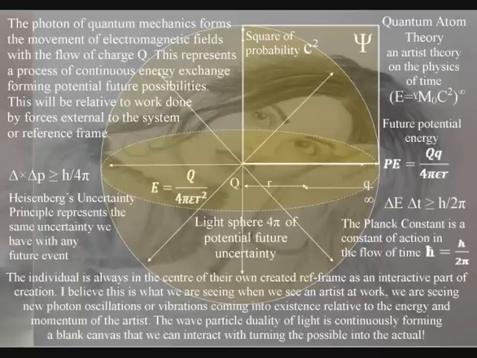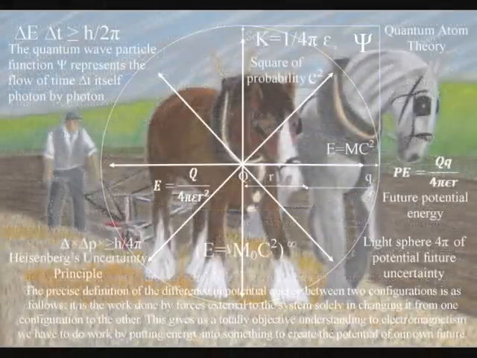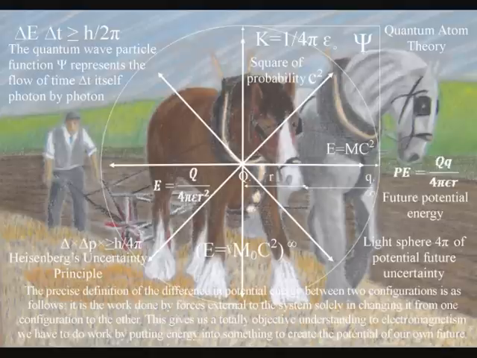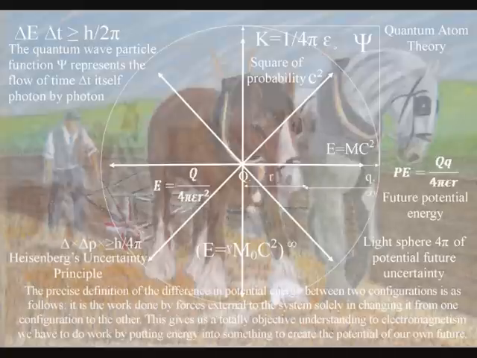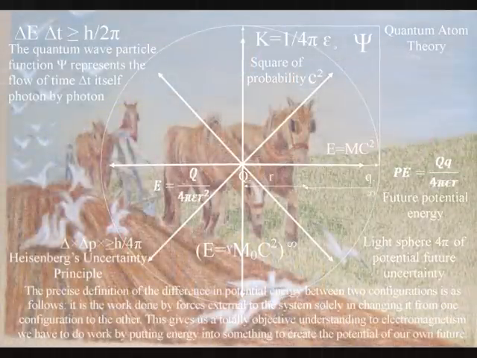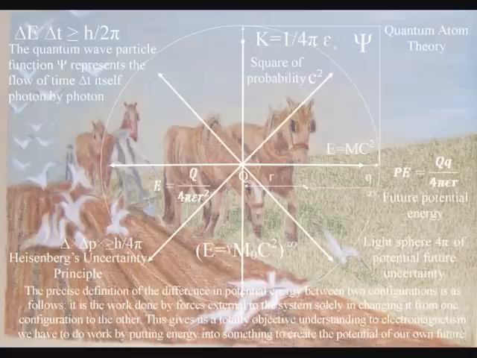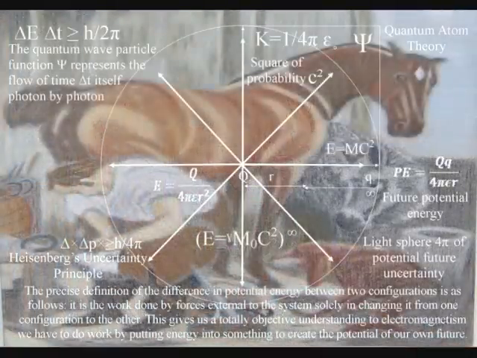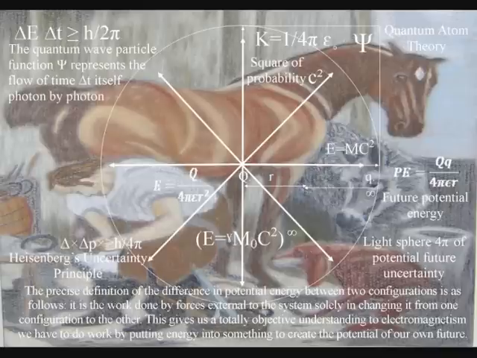The voltage is the work done to bring a test charge, little q, from infinity all the way into a point that is a distance r away from the main charge Q. This gives us a totally objective understanding of electromagnetism. We have to do work by putting energy into something to create the potential of our own future. Because this is a universal process, it must be the same for all electrical activity.